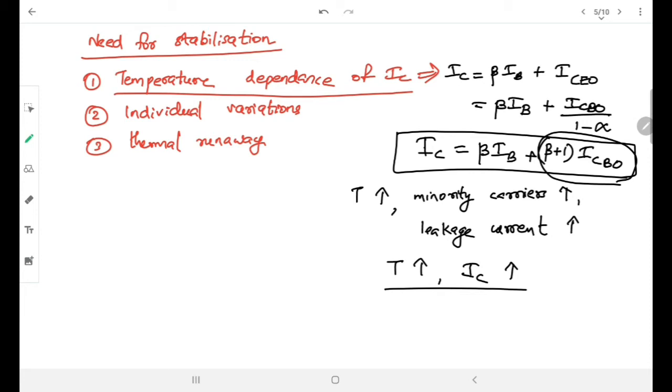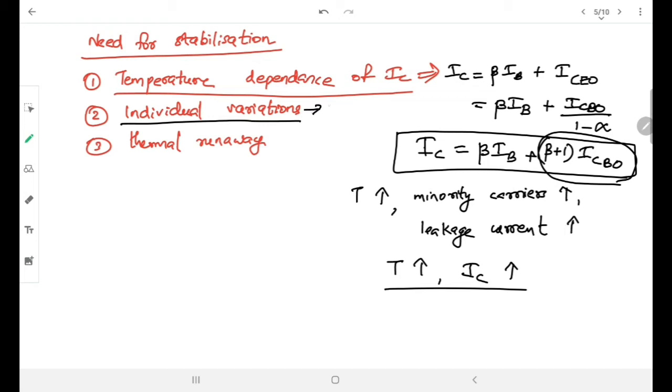So we have to stabilize the circuit. That means even when the temperature changes, IC should be made independent, or we have to make the Q point independent of these variations. That is the need of stabilization. Now see the second point, individual variations, that we already discussed.